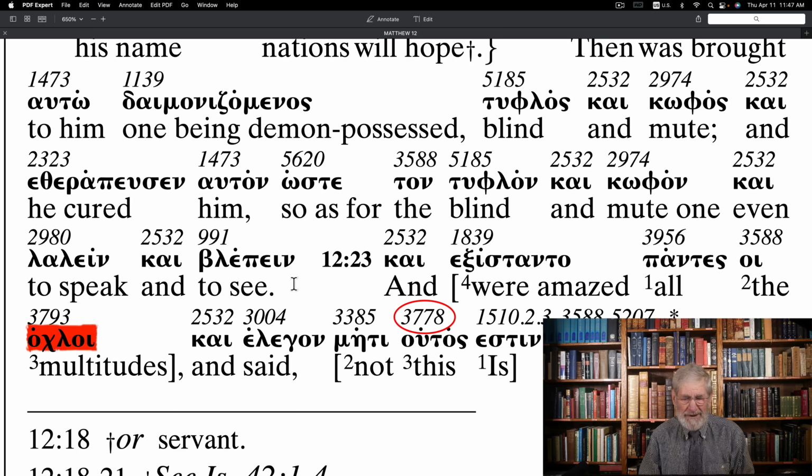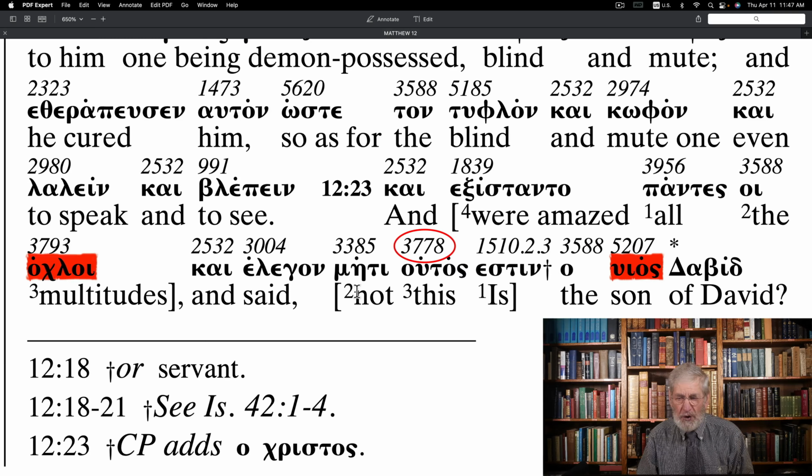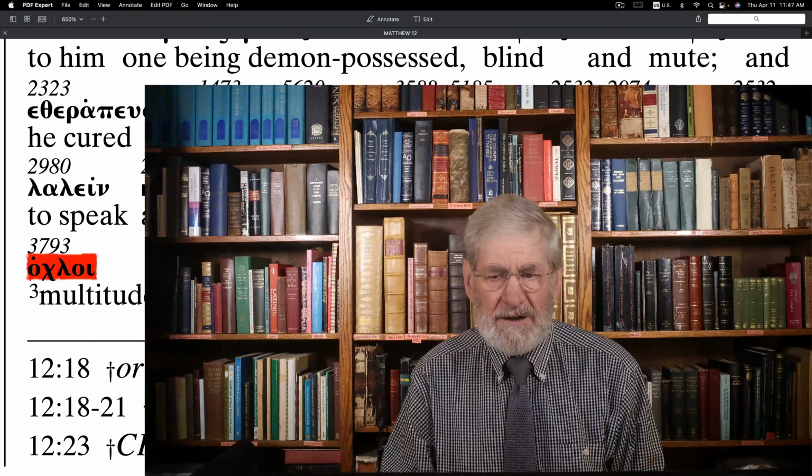And so what it says exactly in verse 23, "Kai existanto pantes hoi ochloi," and all the multitudes were amazed. "Kai elegon, mede houtos estin ho huios David?" And they said, is this not the son of David, the Messiah? And boy, the Jews today, if they would see Jesus in the power of Christ, is this the Messiah and we've missed it all?